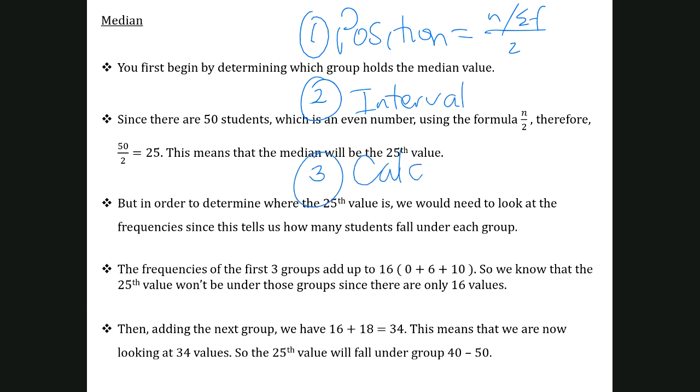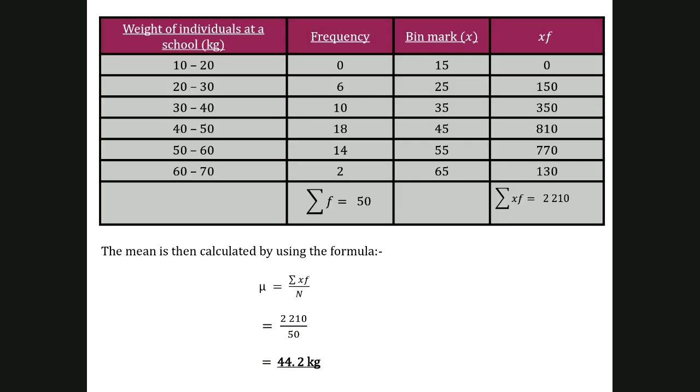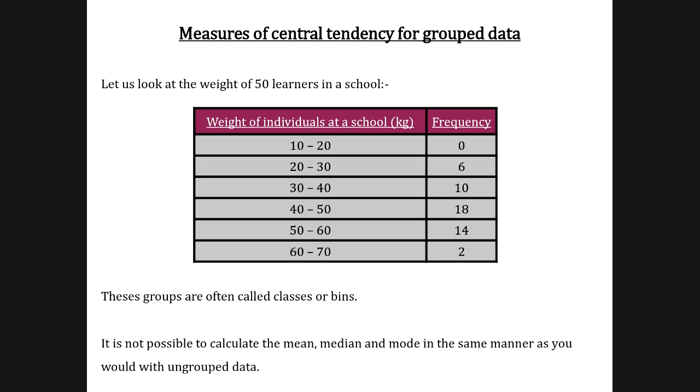So going back to the table, okay, here the first thing we're going to do is determine the position. N over 2. N is the sum of your frequencies, which you said was 50.